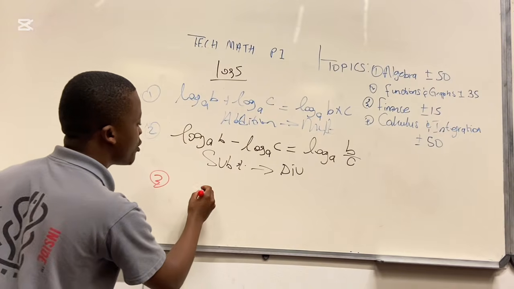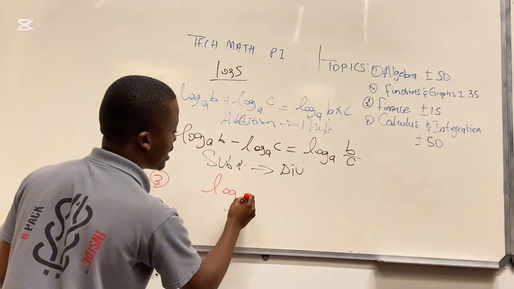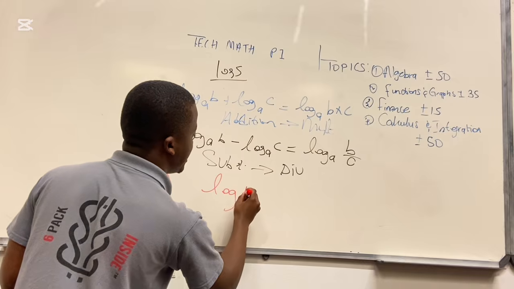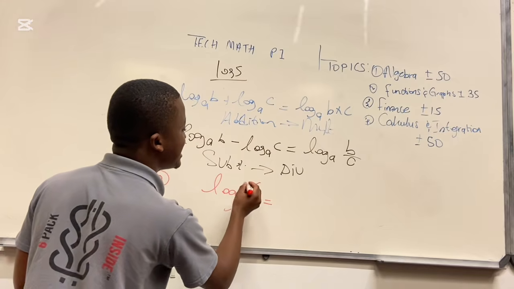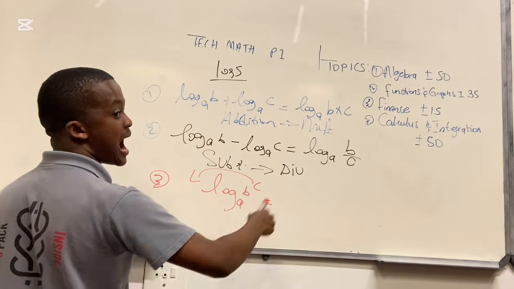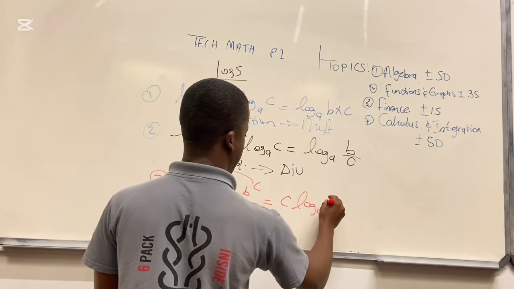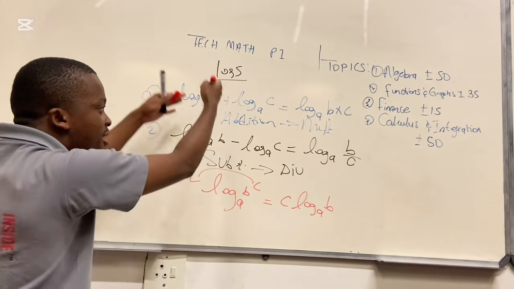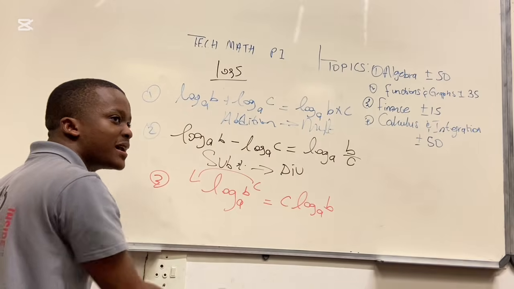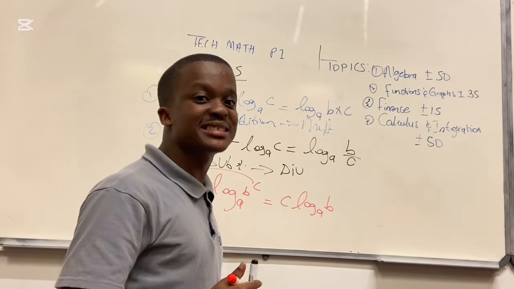The third one, if we have log base A of B to the power of C, this C comes here. This C becomes the coefficient, and we have C times log base A of B. This is very, very important. If you don't know these properties, you will always get those questions wrong.